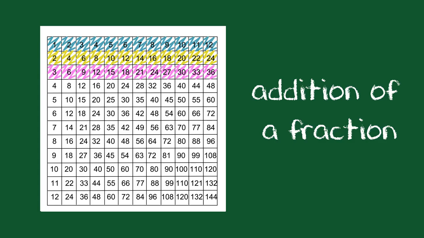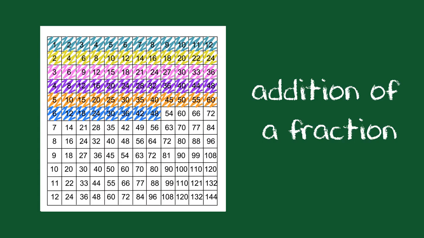We're gonna break it down now cause we in the mix. 4, 8, 12, 16, 20, 24, 28, 32, 36, 40, 44, 48. 5, 10, 15, 20, 25, 30, 35, 40, 45, 50, 55, 60. 6, 12, 18, 24, 30, 36, 42, 48, 54, 60, 66, 72.